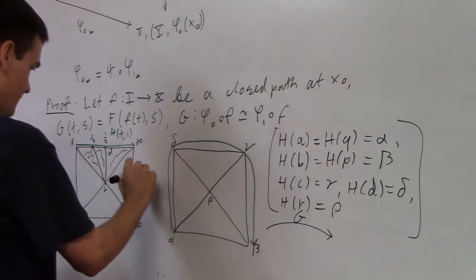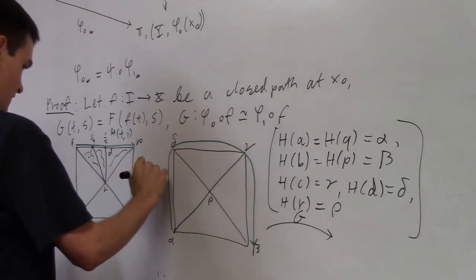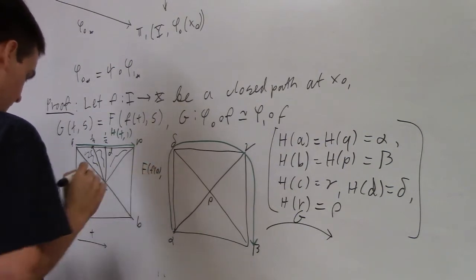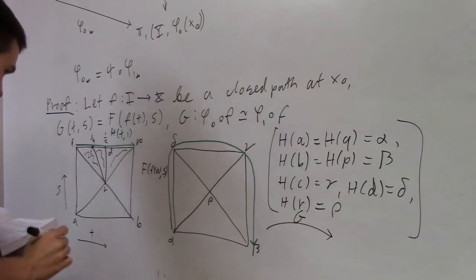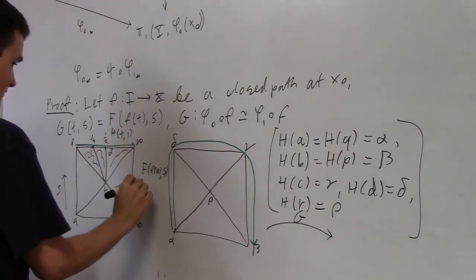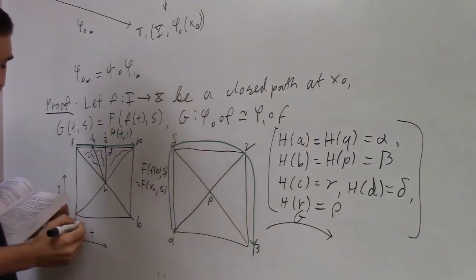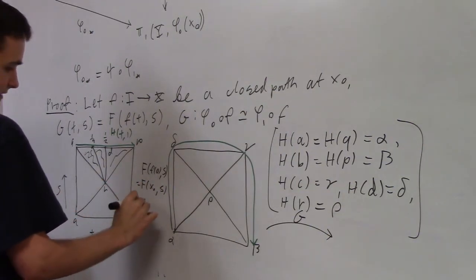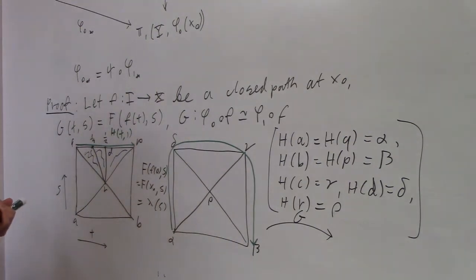So in this section here, we get f of little f of 0 comma s, and that's equal to f of x naught comma s, otherwise known as lambda.